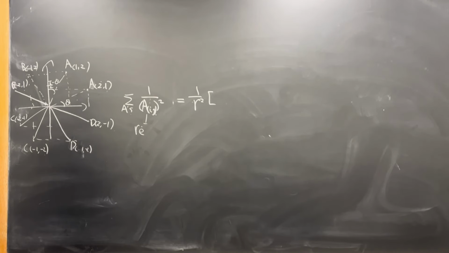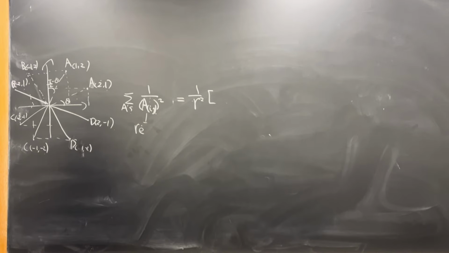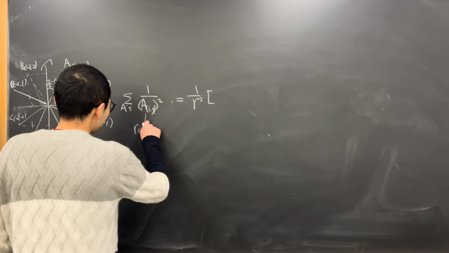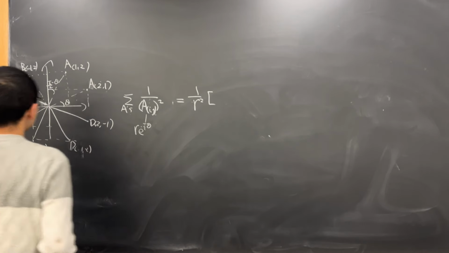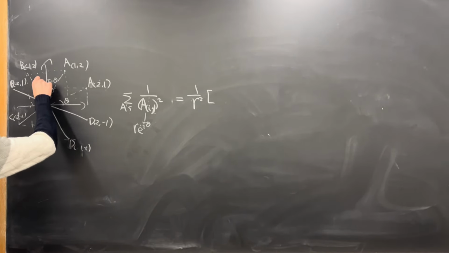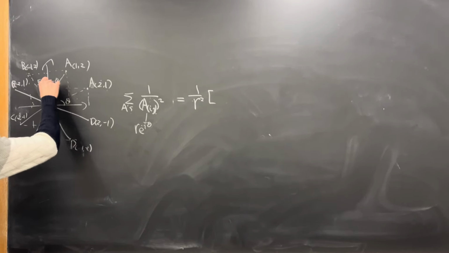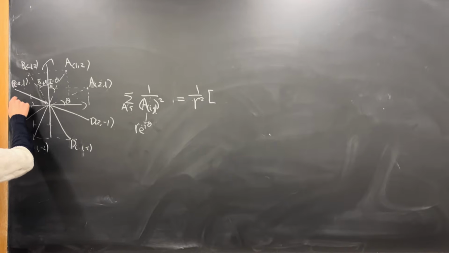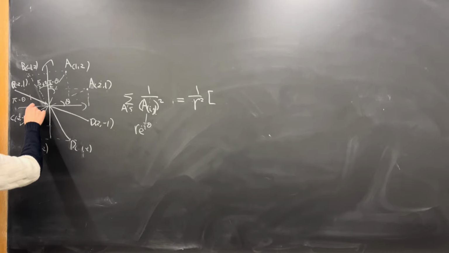So r e^{i theta} here; this is pi over 2 plus theta. This is pi minus theta.